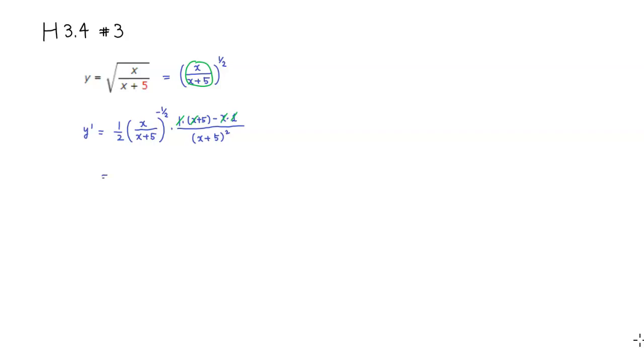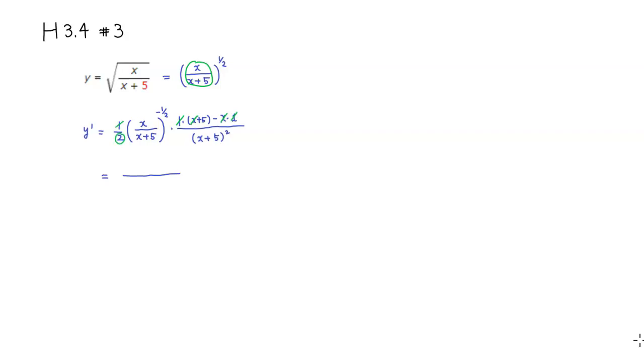Since it's a negative power, it's going to be a reciprocal, so I'm going to take the reciprocal. The 1 doesn't do anything here, so 2 is going to be on the bottom.